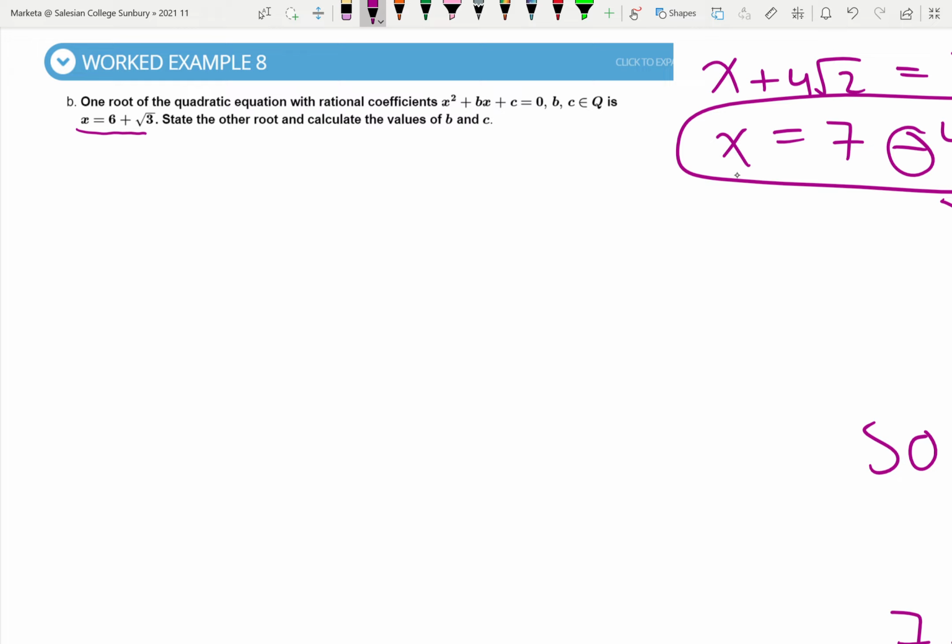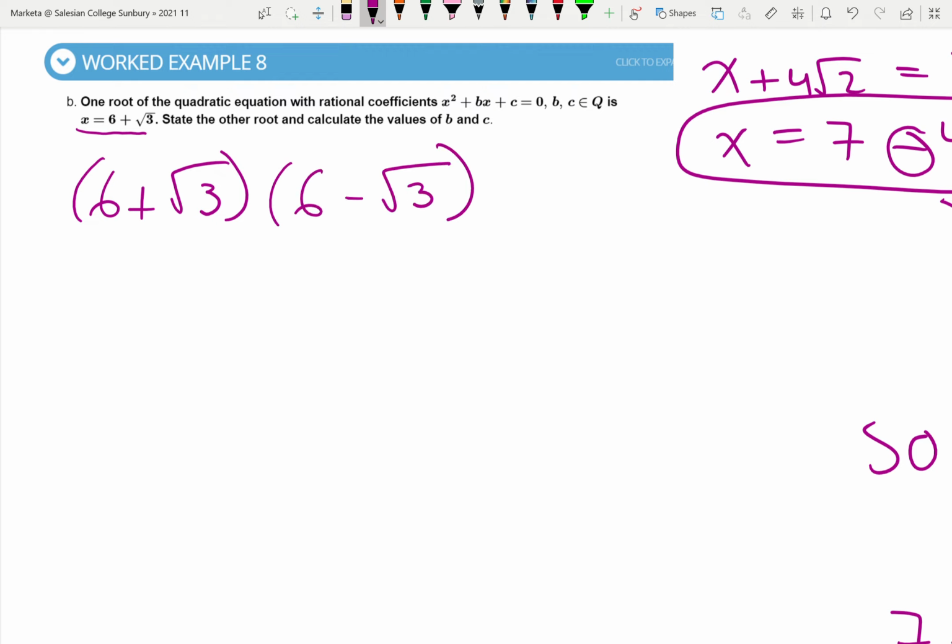And we can see that one solution of x is 6 plus root 3. So that would mean that our other solution is going to be 6 minus root 3 because they will be a pair of conjugate surds then. And that would lead to us getting the rational coefficients.